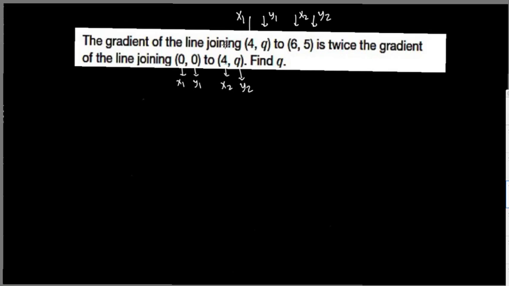The gradient of the line joining (4, q) to (6, 5) is twice the gradient of the line joining (0, 0) to (4, q). We want to find the value of q. In this question, we have two gradients, the first gradient and the second gradient.